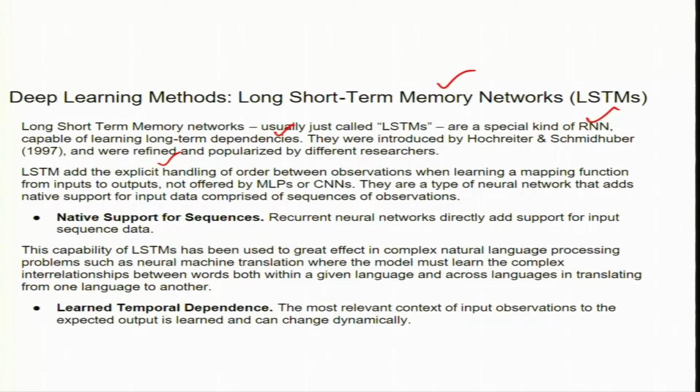So, native support for sequences is the advantage of this recurrent neural network, and these capabilities of LSTM can be used to great effect in complex problems where the models learn the complex interrelationships. So, the learned temporal dependence, the most relevant context of the input observation to the expected output, is learned and can change dynamically.